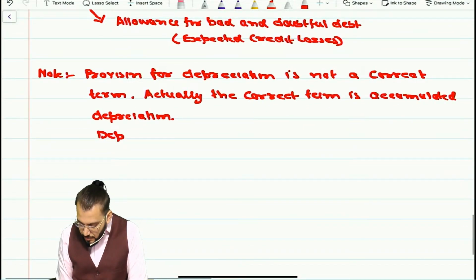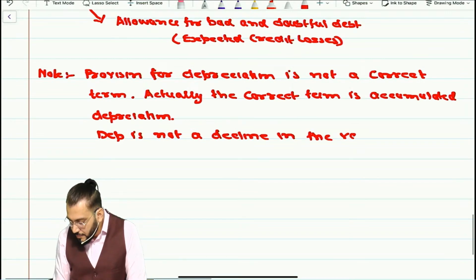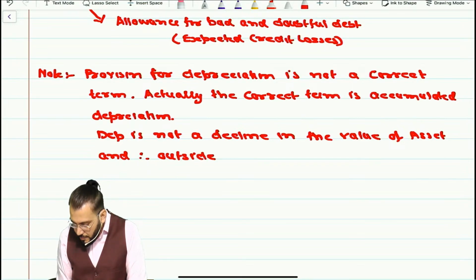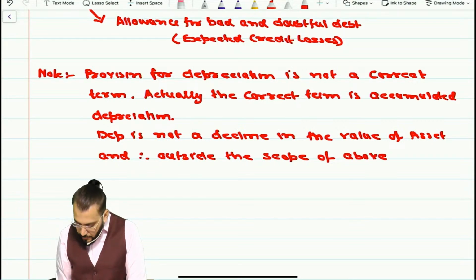Depreciation is not a decline in the value of asset. And therefore, outside the scope of the above discussion.